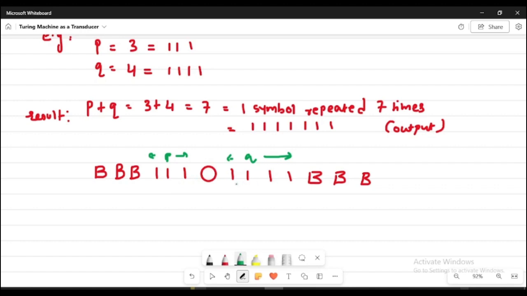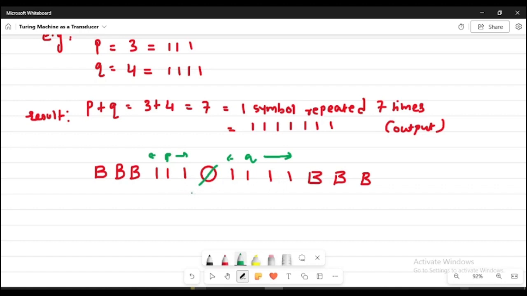The logic we will follow is that we will remove this 0 completely from this string and concatenate p and q. Then whatever result we get will be 7 ones.